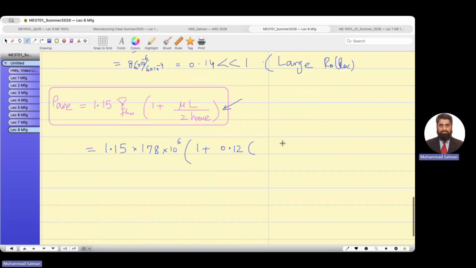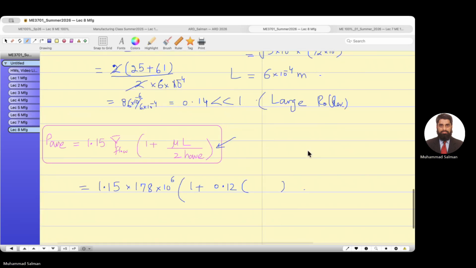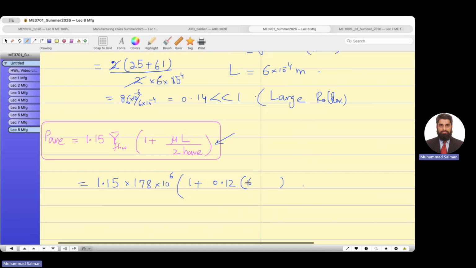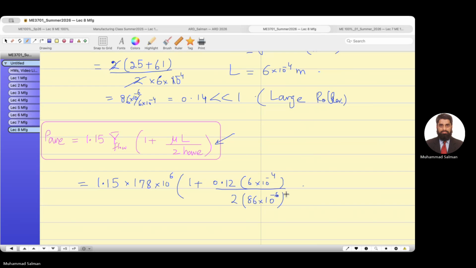And the arc length is 6 into 10 to the power -4 meters, divided by 2 times average height, 86 microns. You have to consider this for the two sheets.